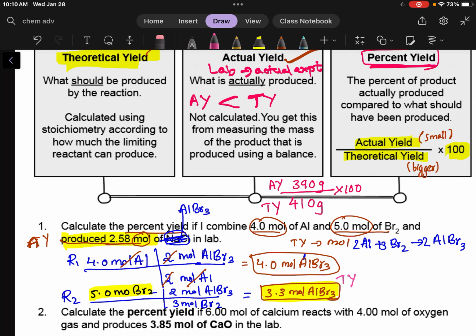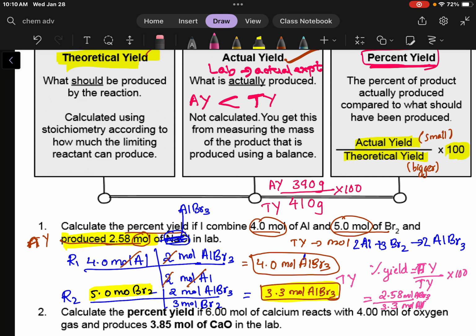Okay, so I'm going to calculate percent yield, which is equal to actual yield divided by theoretical yield times 100. Actual yield is given in the question, which is 2.58, and the theoretical yield you are getting from dimensional analysis, which is 3.33. Both are moles of aluminum bromide.